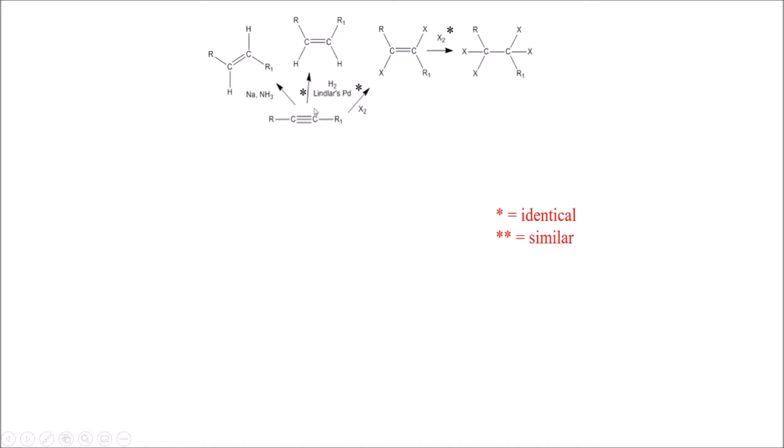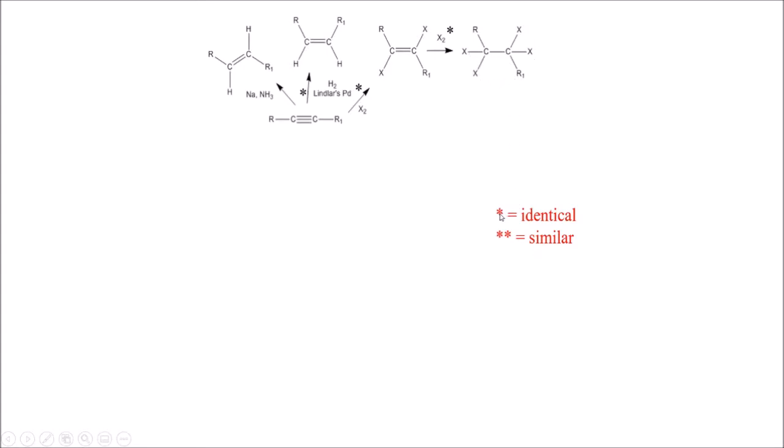We just finished looking at how we can use Lindlar's palladium to convert the alkyne to a cis alkene. And before that, we looked at adding molecular halogens to the alkyne to produce first the dihaloalkene, where the halogens are anti or trans relative to each other. And then if you continue running that reaction, you can produce the tetrahaloalkane.